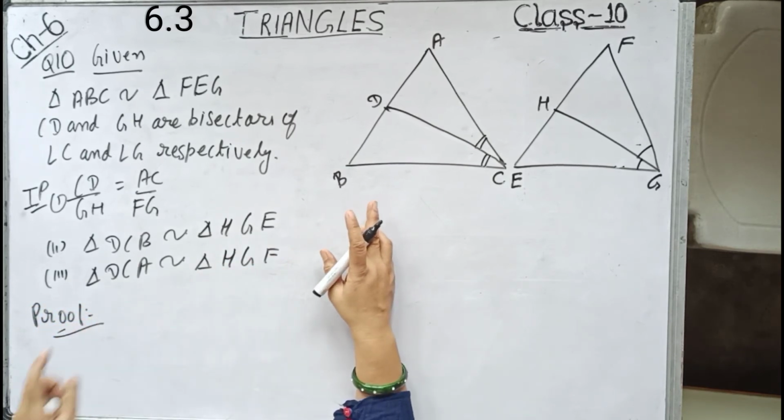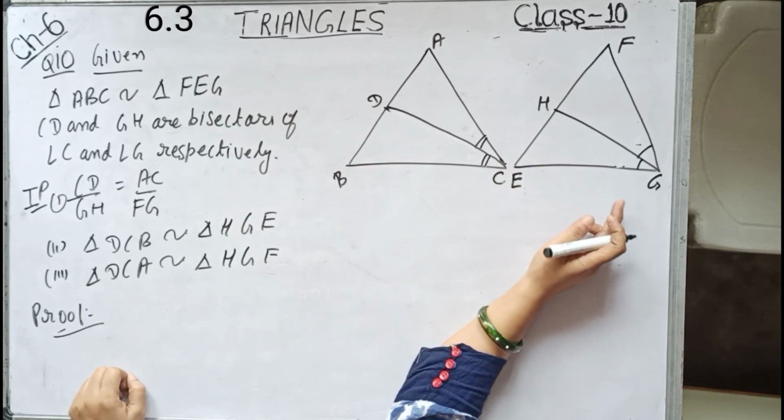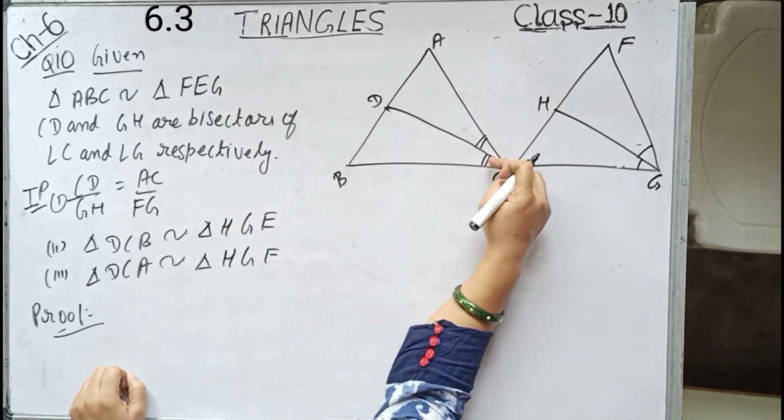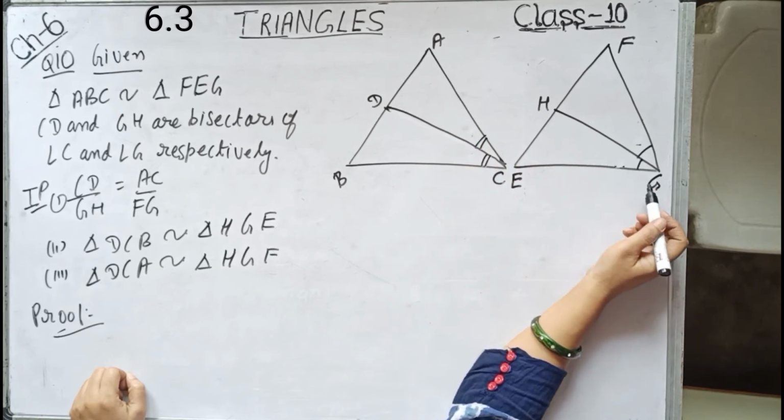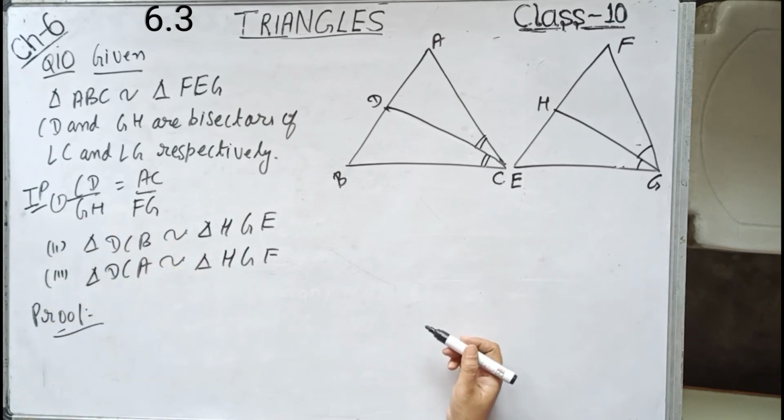So we have two concepts given. Triangle ABC is similar to triangle FEG. Also CD is the bisector of angle C, so this angle equals this angle, and GH is the bisector of angle G, so this angle equals this angle. Now we have to prove these three subparts.